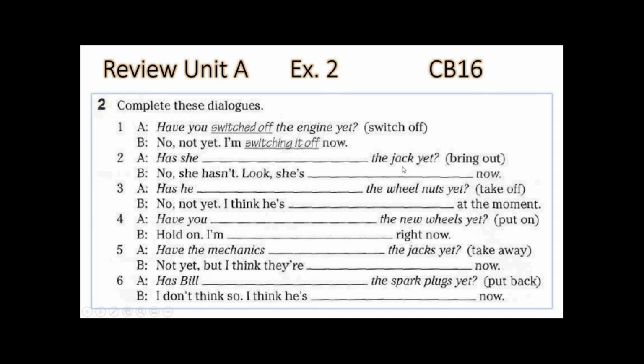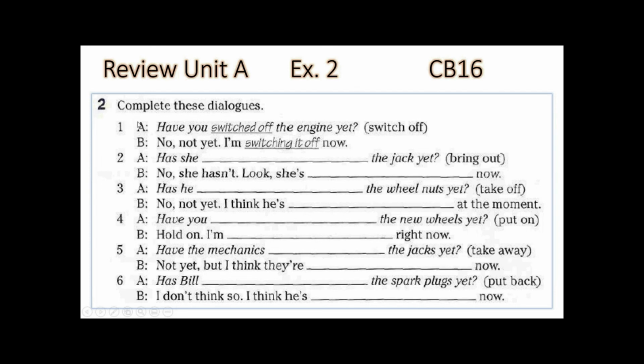And each dialogue has 2 gaps, which we need to fill out using the correct forms of the verb. That is either the present perfect or the present continuous. Number 1 is done. We will go over it together and then you will do the rest yourselves.